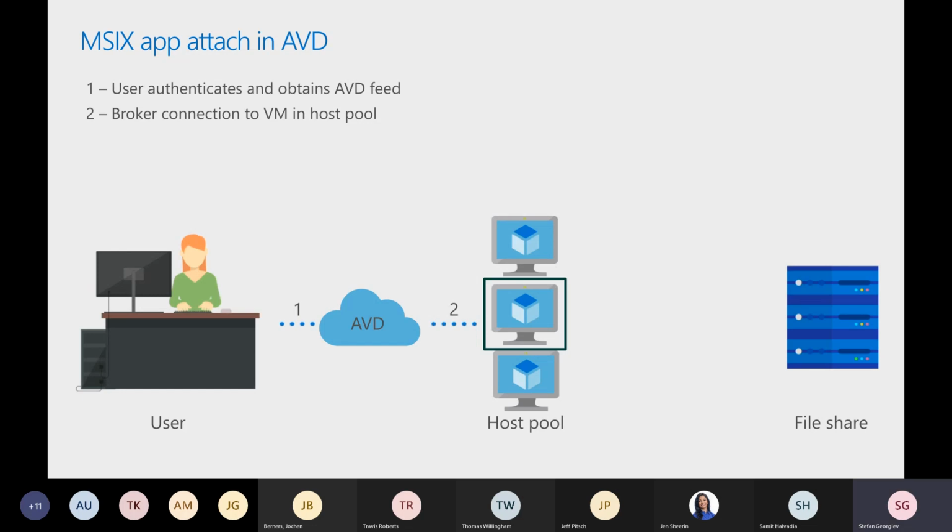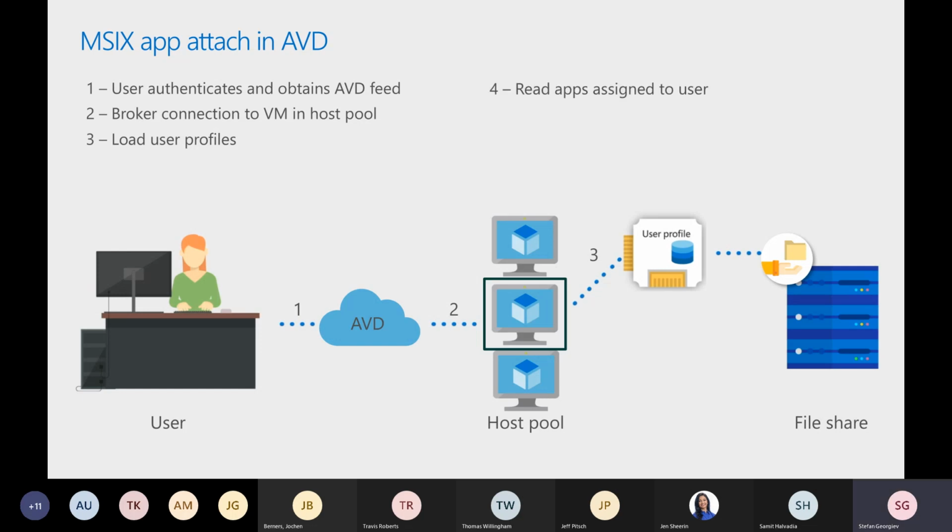Then what's happening after that, once we start establishing the session on that machine, the magic of FSLogix happens, right? Somehow, under the covers, we go grab the user profile and we trick the OS into thinking those files, the user state, are on the C drive when in reality they're on a file share.